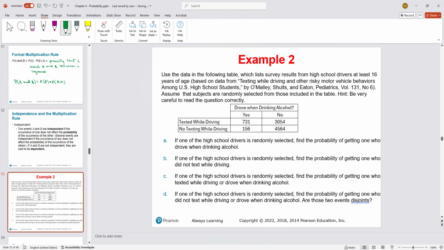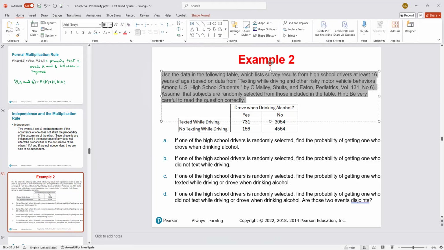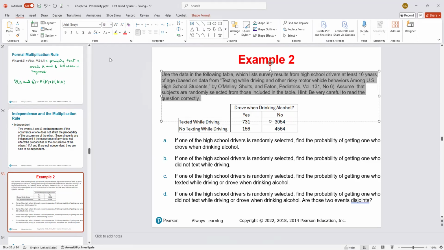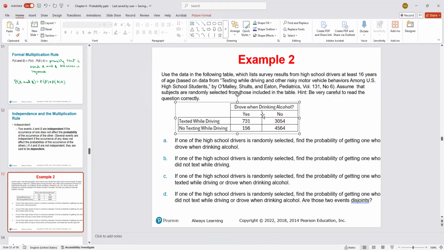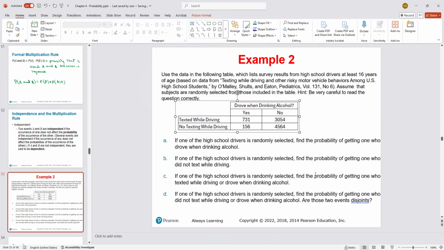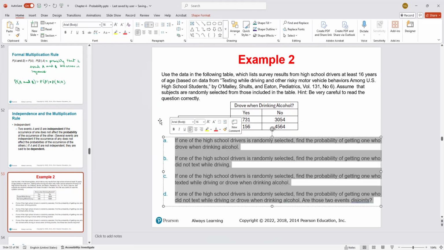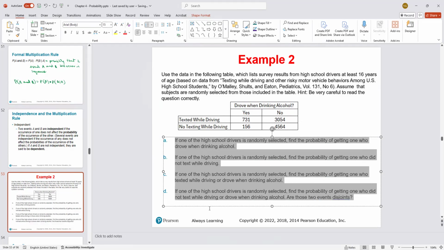Let's see what we're going to do with these examples, because for this one we're going to use both addition and multiplication. The first thing: these tables, we call this type of table contingency tables. I'm going to reduce this to 15 so we have more space, and reduce ABC to 15 also, hoping you can read it.